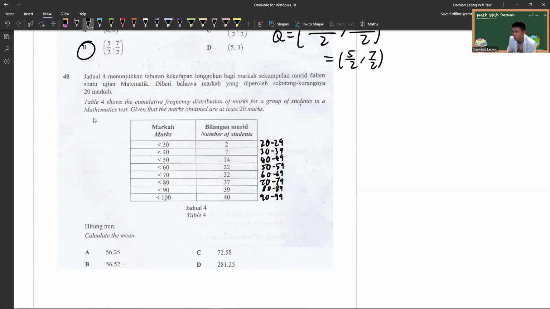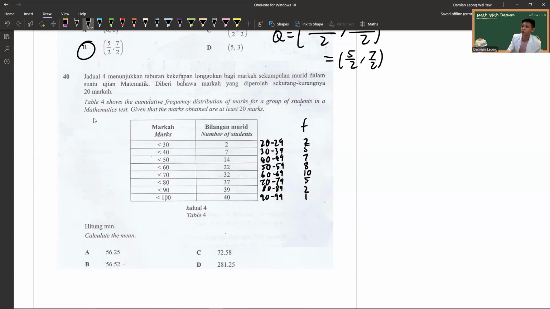So I find the frequency. 2, 7 minus 2, 5. Keep subtracting the cumulative frequency before. 14 minus 7, 7. 22 minus 14 is 8. 32 minus 22, 10. 37 minus 32 is 5. 39 minus 37, 2. 40 minus 39 is 1.